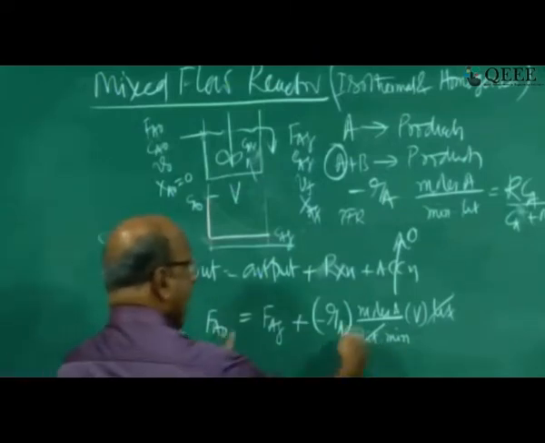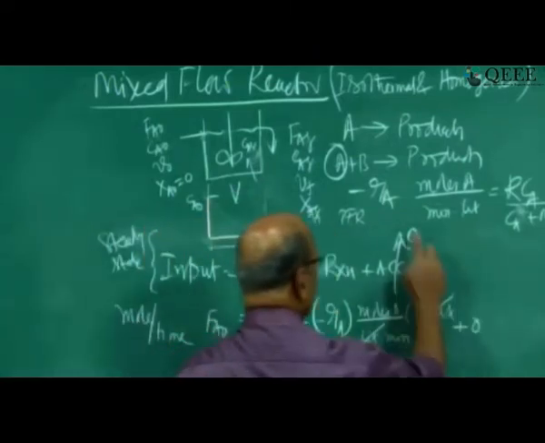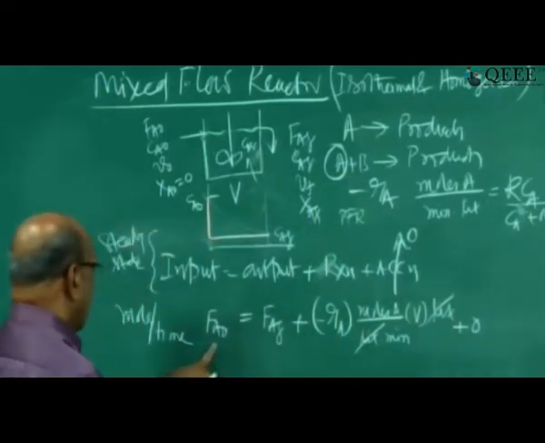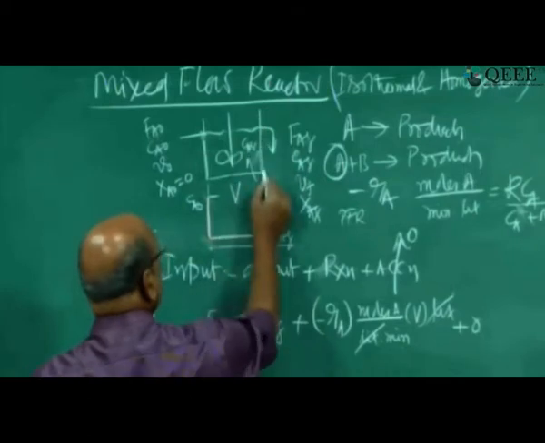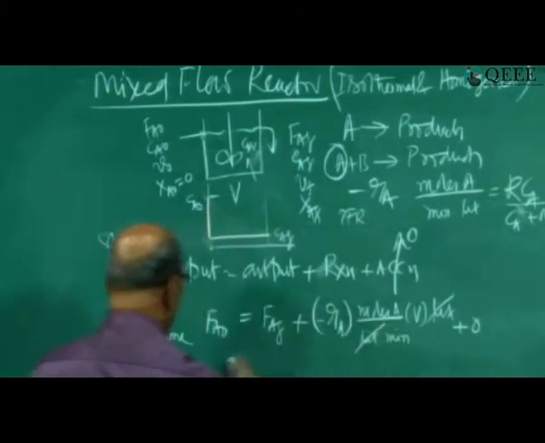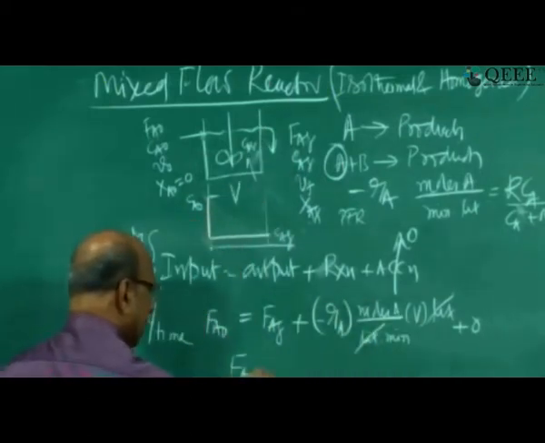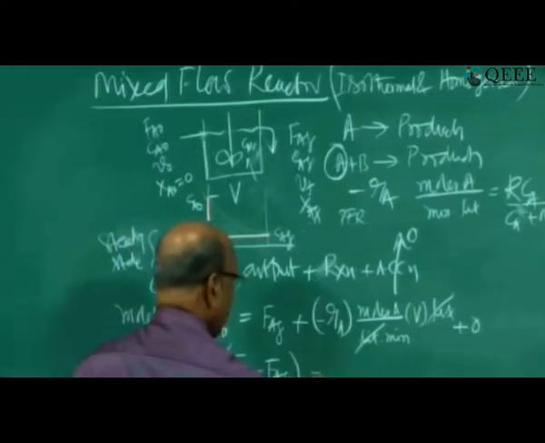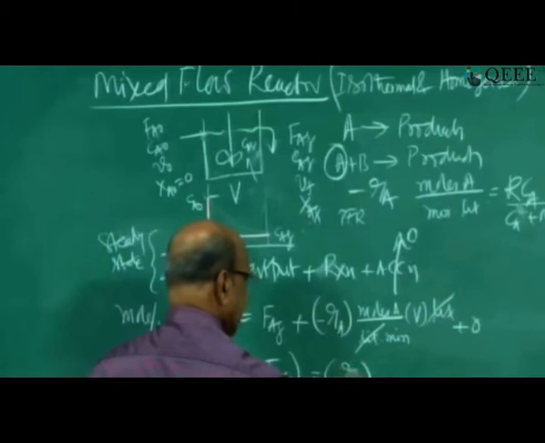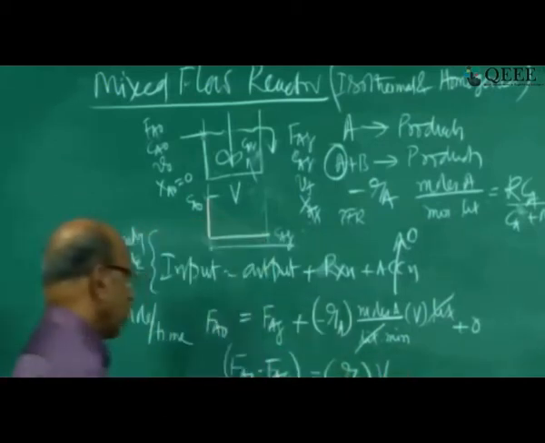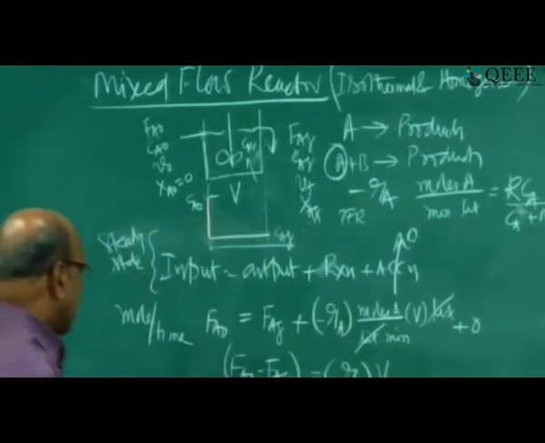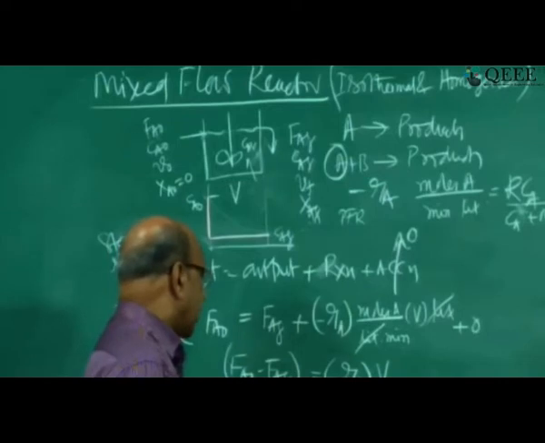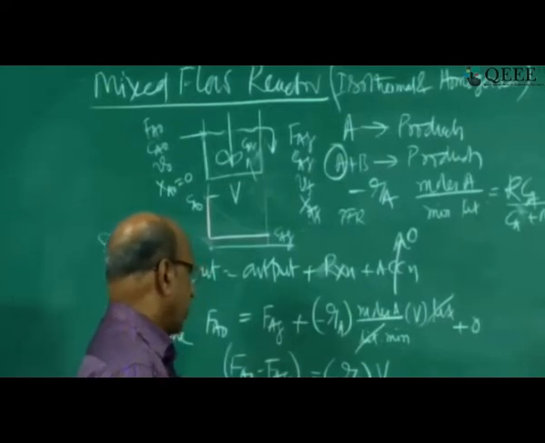So now I have to simplify. Accumulation equal to 0, this anyway we removed. Now I have to find out the volume of the reactor, and this is the volume. So if I write this as FA0 minus FAF equal to minus Ra into V. But as I told you, it is better always to put this equation in terms of conversions.